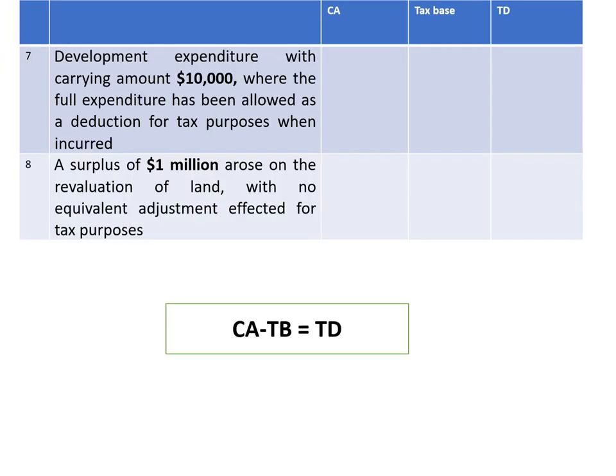Now, development expenditure with a carrying amount of 10,000 US dollars, where the full expenditure has been allowed as a deduction for tax purposes when incurred. This is actually a common example that we have. So we've said our development expenditure is $10,000. Our full expenditure has already been allowed for tax purposes.